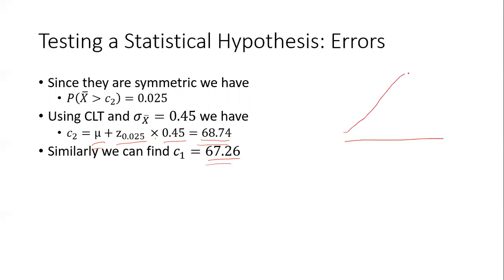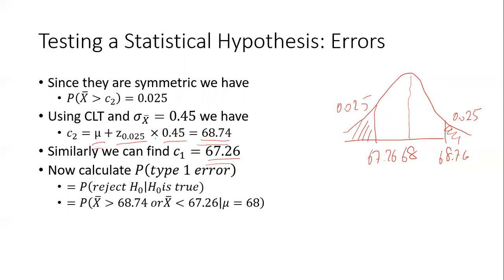So it's something like this. This is 68, this is 68.74, and this is 67.26. This is equal to 0.025, and this is equal to 0.025. Now, the type 1 error is the probability of x bar greater than 68.74 or x bar smaller than 67.26, given that mu is equal to 68.